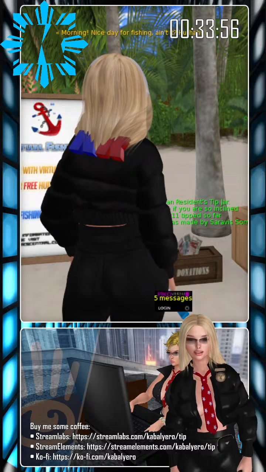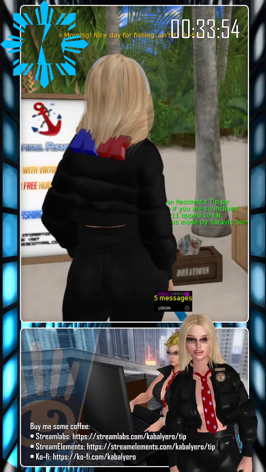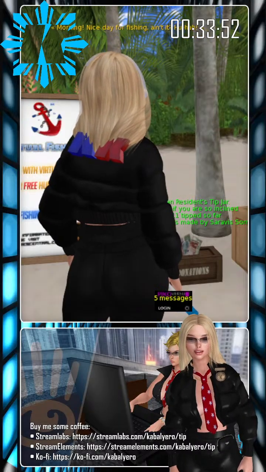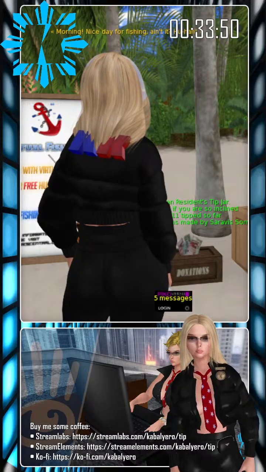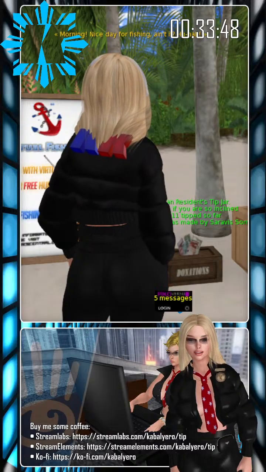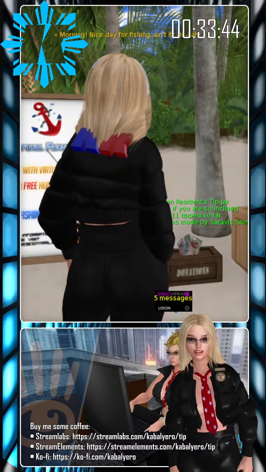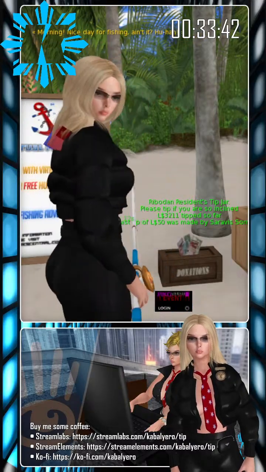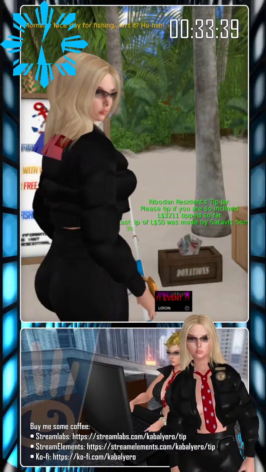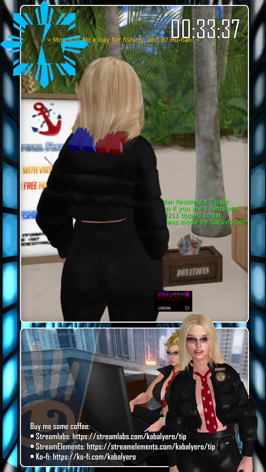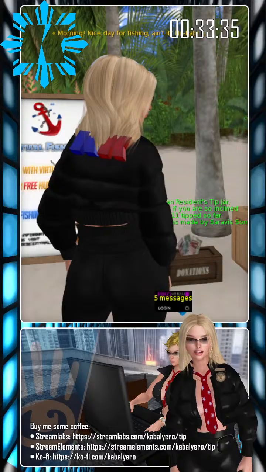So after the cast, virtual fishing would say that you caught a fish, and it would have a Linden dollar value, but there are no fish, but you will get the Linden dollar value of that fish.